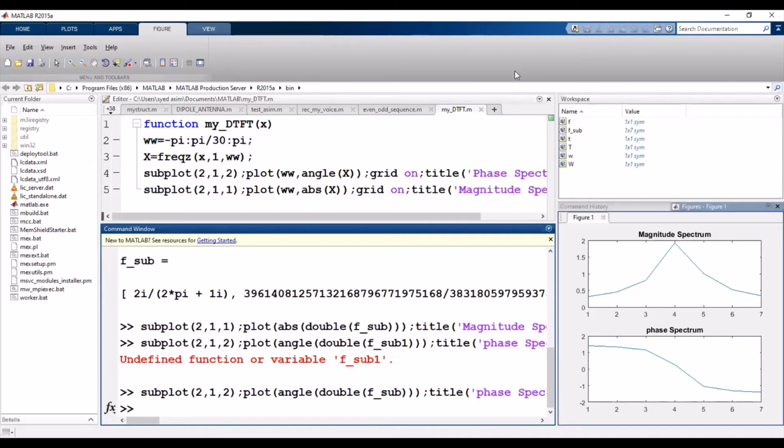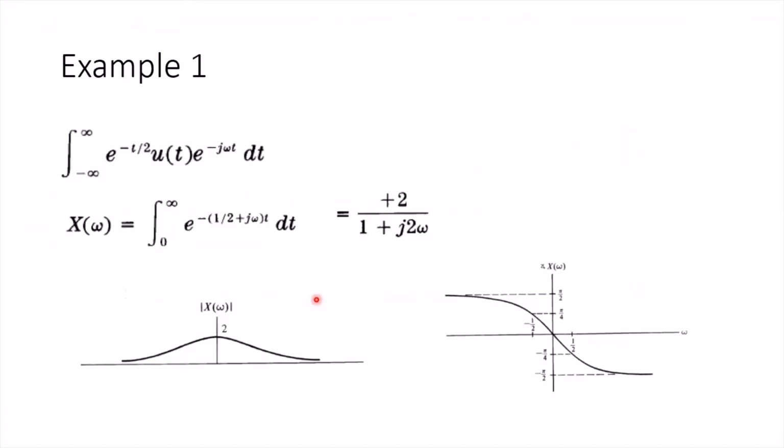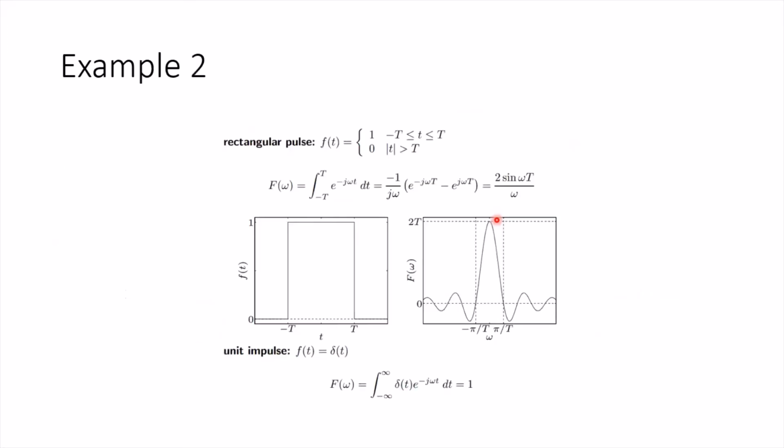Now go back to the slide. Now we are going to solve a second example. In this example, we have a rectangle pulse that is equal to 1 from minus T to T, and that is basically the magnitude spectrum.